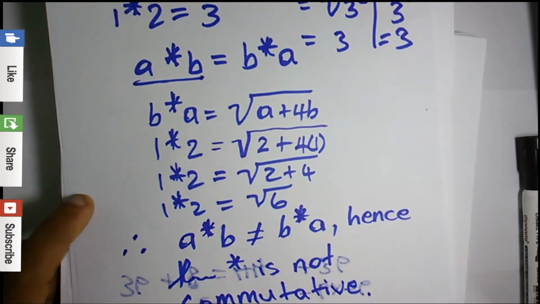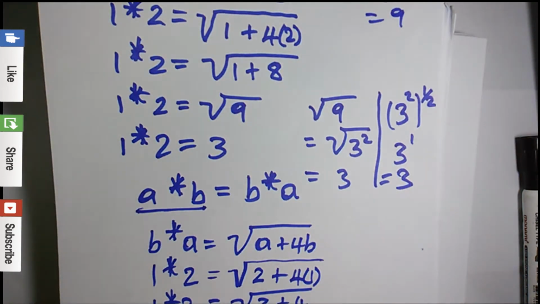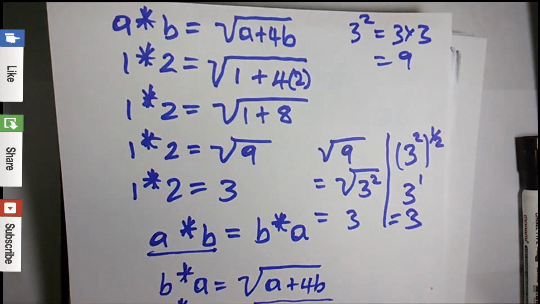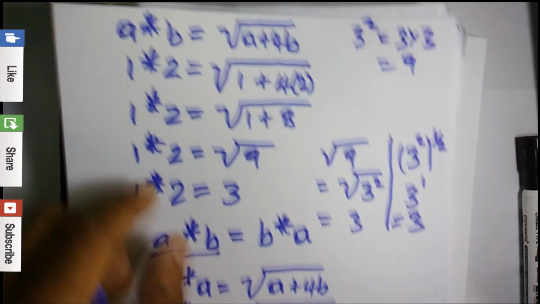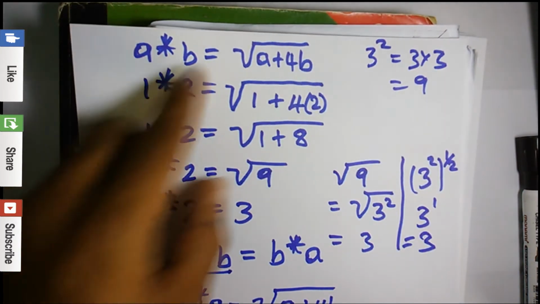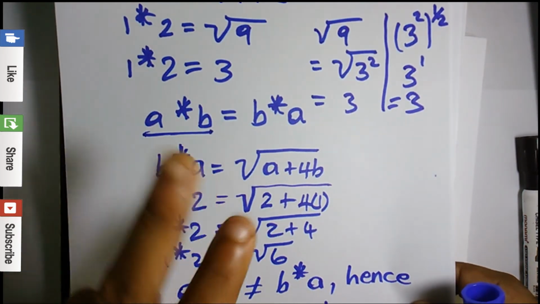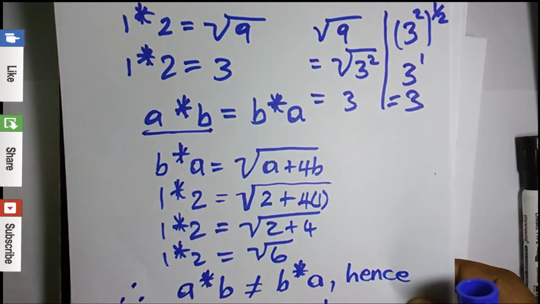So you have to learn how to apply commutative and associative law on binary operation questions, which relates to how I solved the question to prove whether it's commutative or not. Remember, up here a was 1, b was 2. Down here I switched around the variables. So with commutative law, it has to do with spinning around the variables.